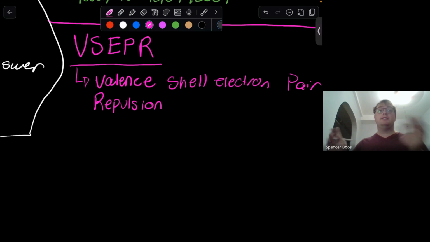It's a theory, right? It tells us kind of where we can find our atoms when we're looking at it on a 3D plane. Now, you don't need to remember what VSEPR stands for on the exam, but for the final exam, it might be a good thing to keep in the back of your mind.